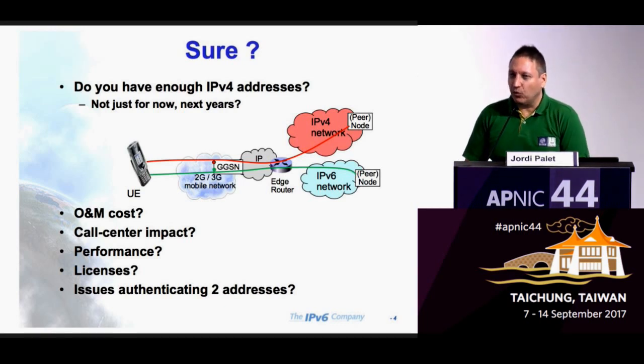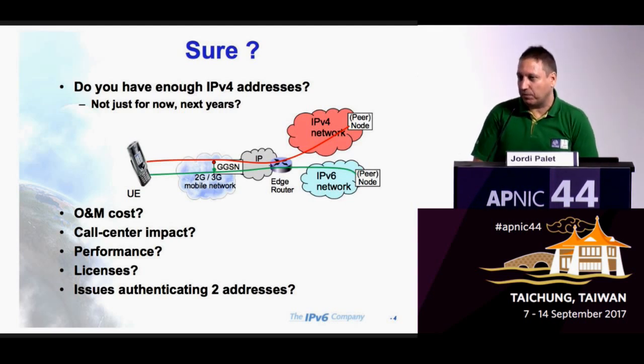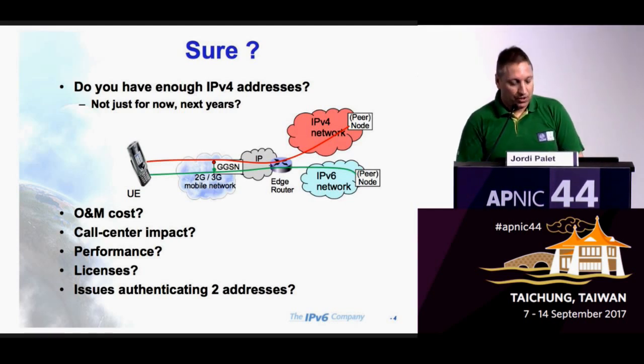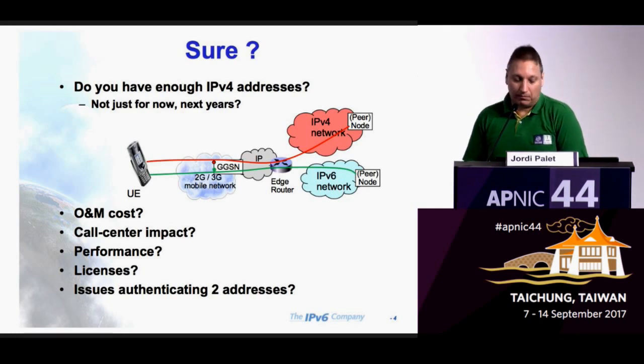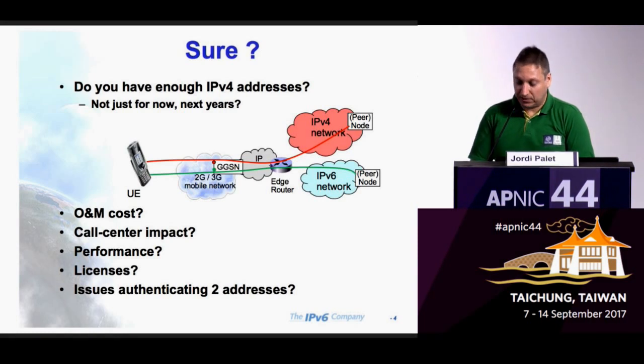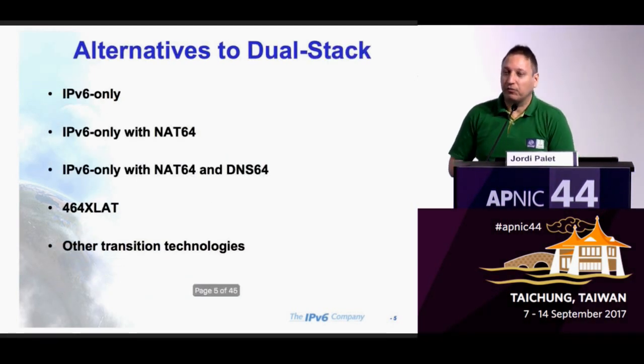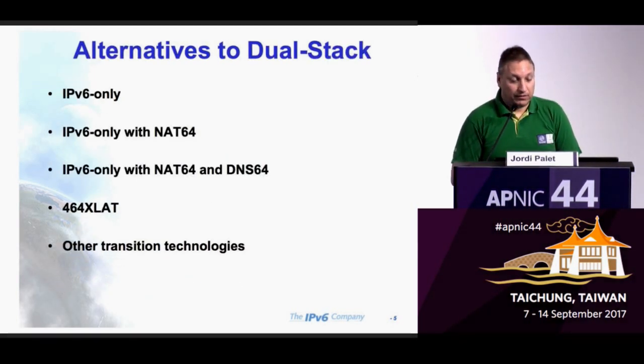What happens if you have in every device multiple address stacks or address families like IPv4 and IPv6, and authentication relies on those two addresses? Some applications rely on addresses to authenticate. So if you have two of them, it makes things more complex, and sometimes it fails. So there are different issues on that.